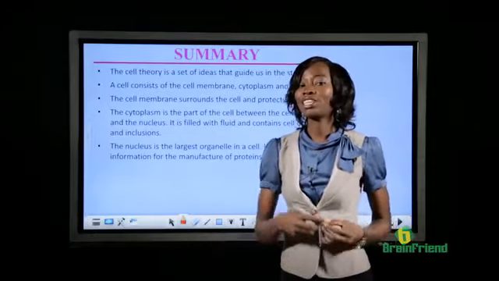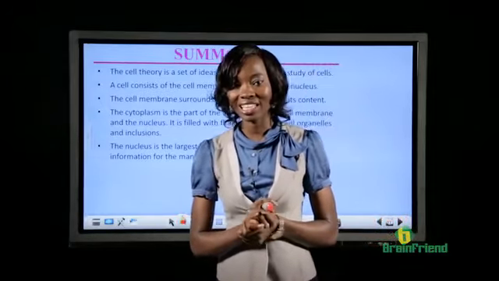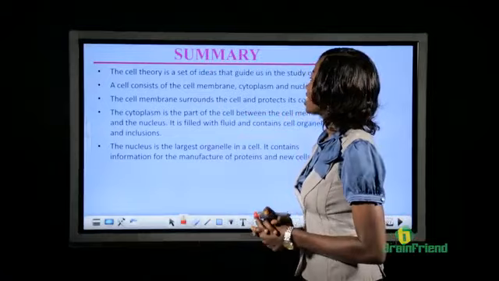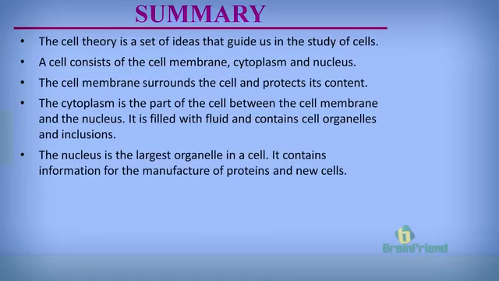At this point, I'd like us to take a summary of all we've been learning in today's class. We started by saying the cell theory is a set of ideas that guide us in the study of cells. I hope you remember the scientists that came up with the cell theory. A cell consists of the cell membrane, cytoplasm, and the nucleus. The cell membrane surrounds the cell and protects the contents of a cell.